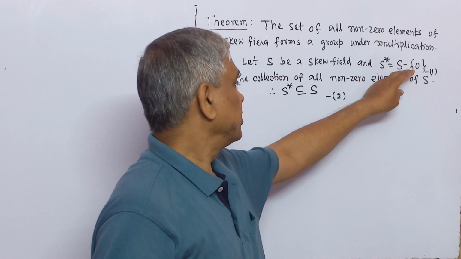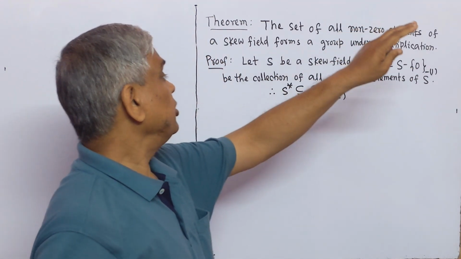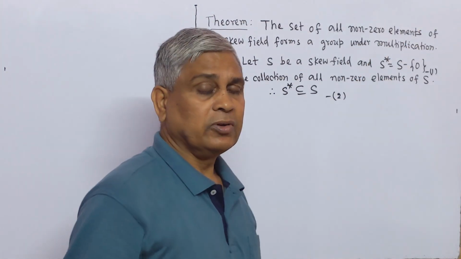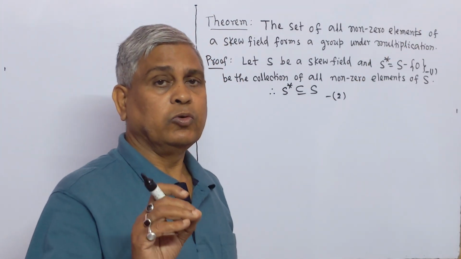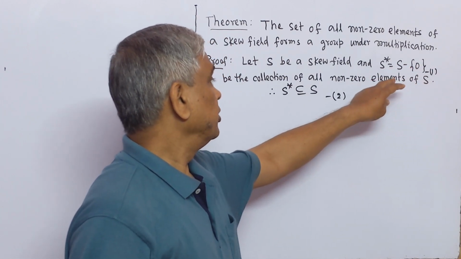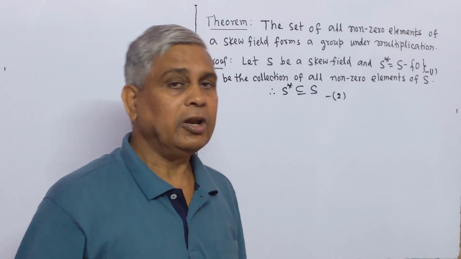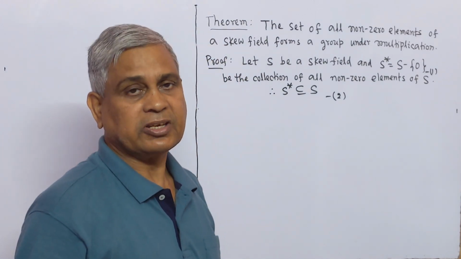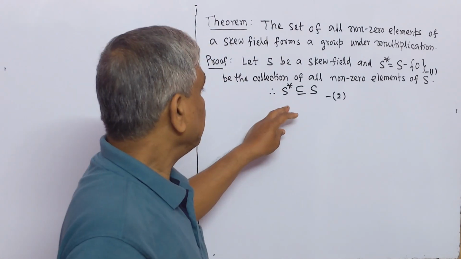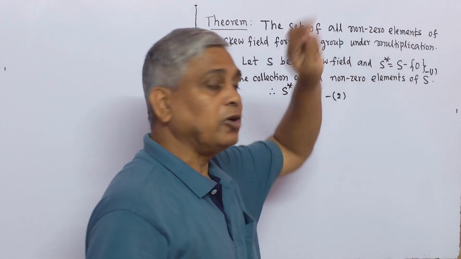And this is the collection of all non-zero elements of S. Means here we have not taken zero element. Since it is obvious that S star is subset of S.